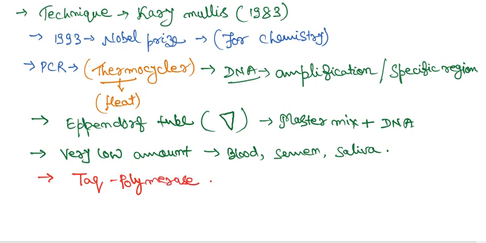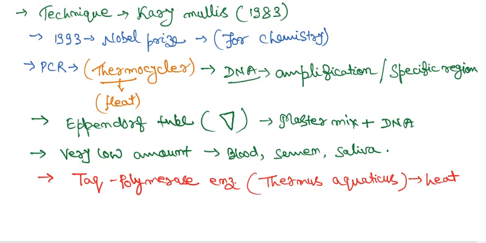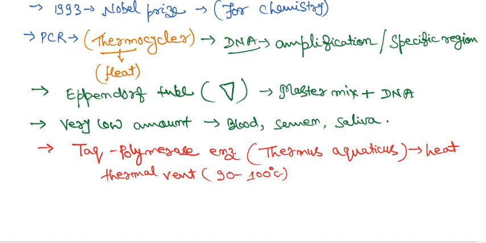Taq stands for Thermus aquaticus, a bacterium which is found in thermal vents, hot thermal vents with a temperature of more than 90 to 100 degrees Celsius, so this bacterium is resistant to this temperature.